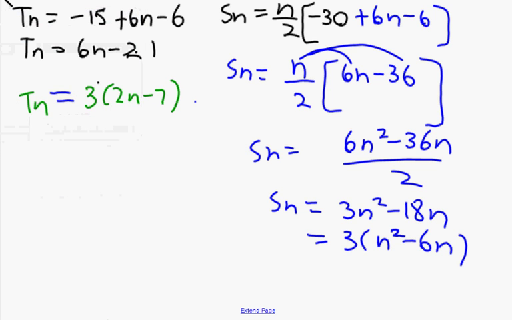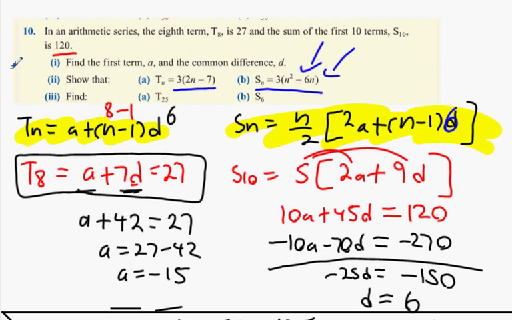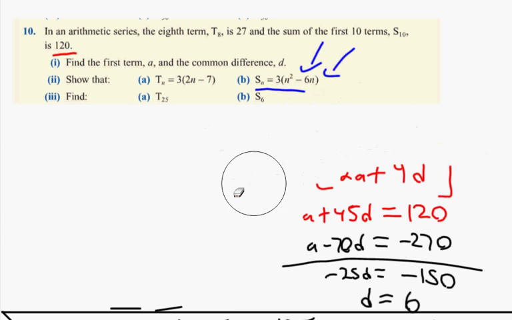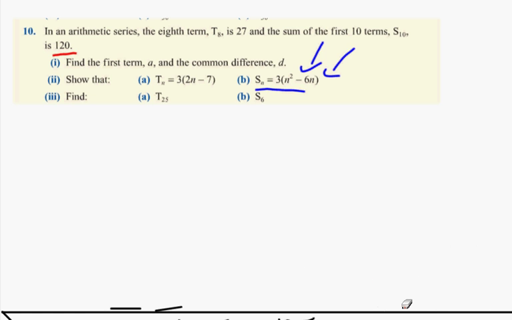Okay? Even though you weren't able to do part 2, does that stop you from doing part 3? Actually it doesn't. Part 3 is very easy. All you need to do is get the answer from part 2, which is already given to you, and replace n with 25. So T25 is 3 times 2 times 25 minus 7.